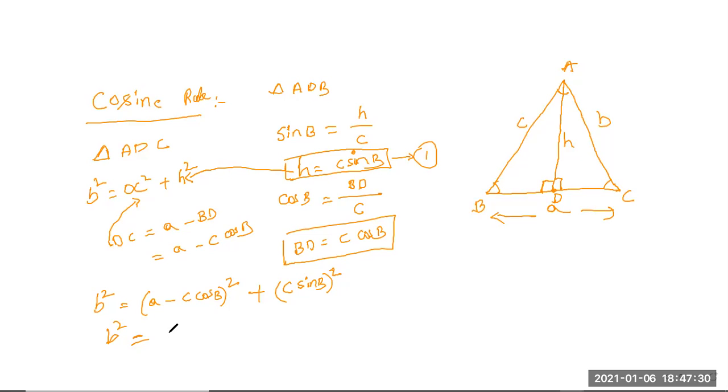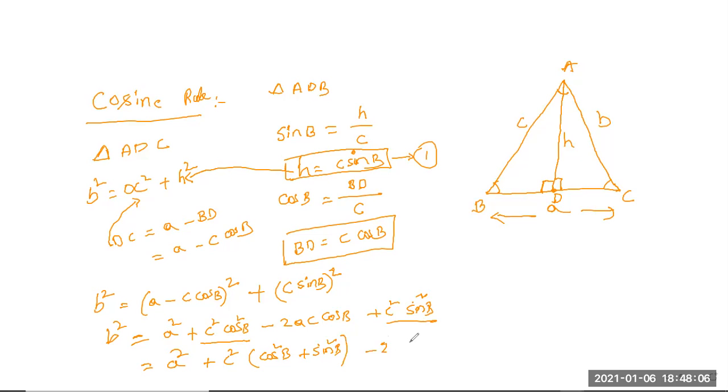So this is A square plus C square cos square B minus 2AC cos B plus C square sin square B, right? Here there is C square and here there is C square. You can take C square common from these two terms. So you will get A square plus C square into cos square B plus sin square B minus 2AC cos B.